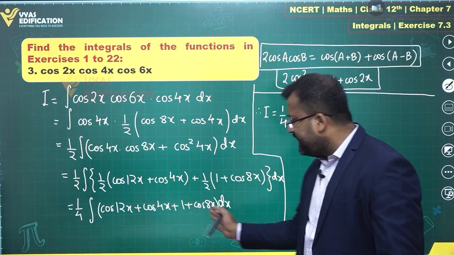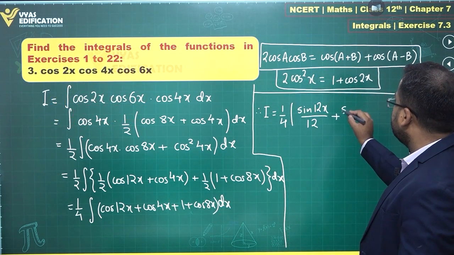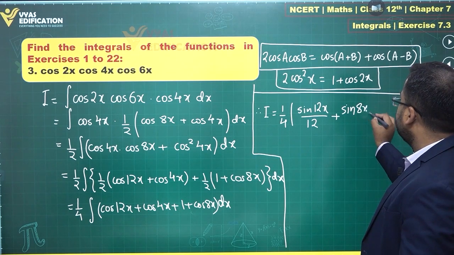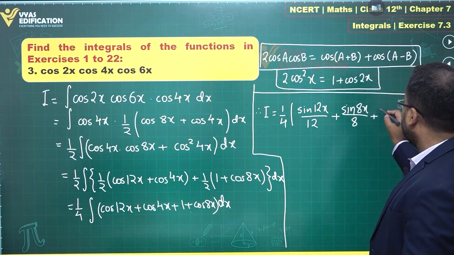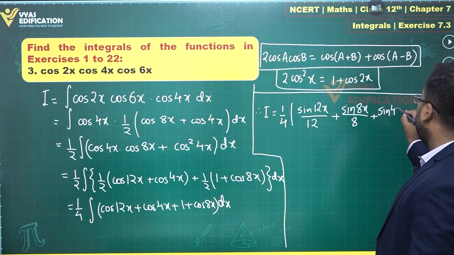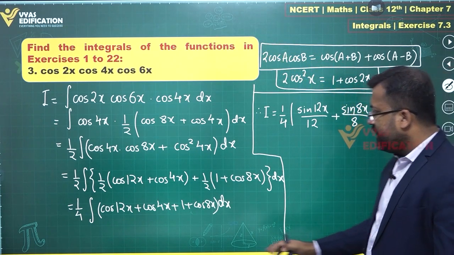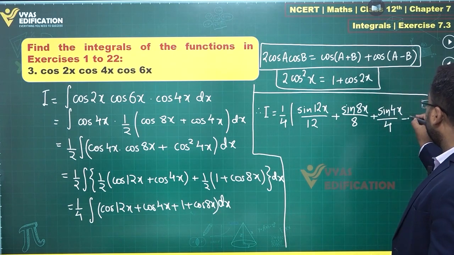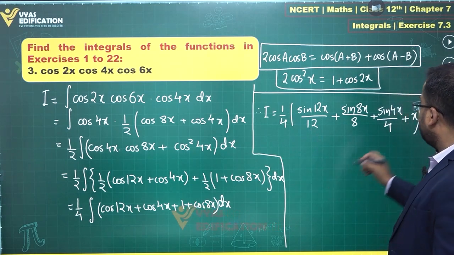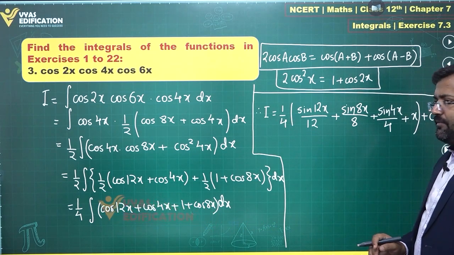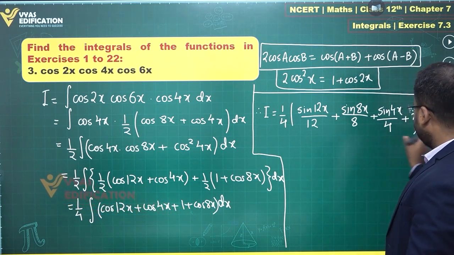These are all in addition, so we can take this term next. This will become sin 8x upon 8. The next term will be cos 4x, which will convert to sin 4x upon 4. And this 1 will convert to x. That's the complete expression. Yes, 1 by 4 is outside, and you'll add a constant term over here. That is my final answer.